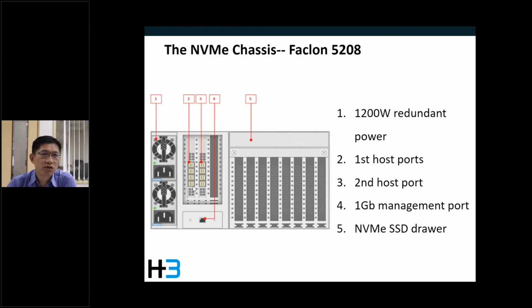So you have 8, so it's by 4 times 8. So you have a total of 32 lanes for the host. You can configure as 2 by 16, 4 by 8, or 8 by 4 for 2 hosts, 4 hosts, or 8 hosts. And the management port goes through this gigabit Ethernet port to the BMC and then to the Broadcom switch.